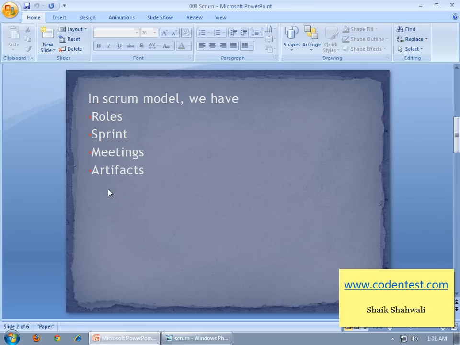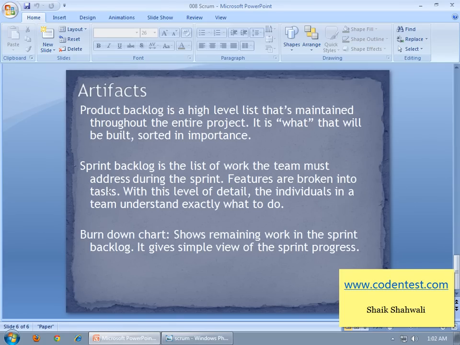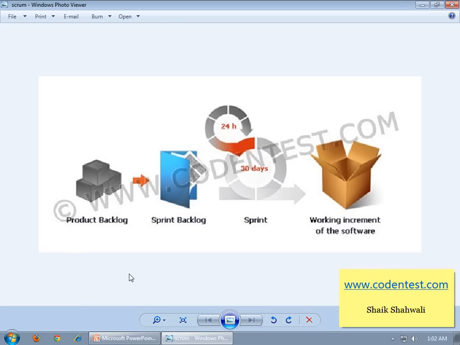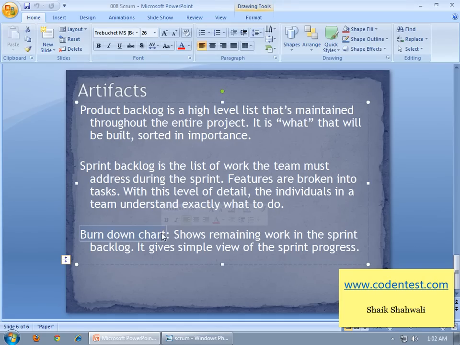Now we have artifacts. Artifacts means product backlog, sprint backlog. By now you must have some idea about what product backlog is and sprint backlog is. So apart from product backlog and sprint backlog we have burn down chart. This chart gives a simple view of sprint progress.